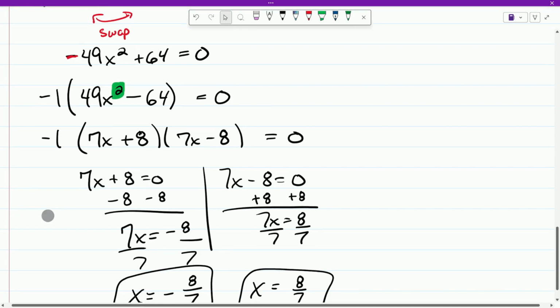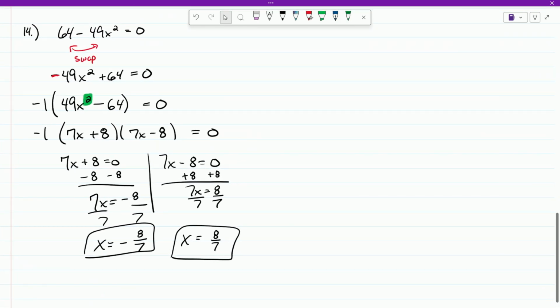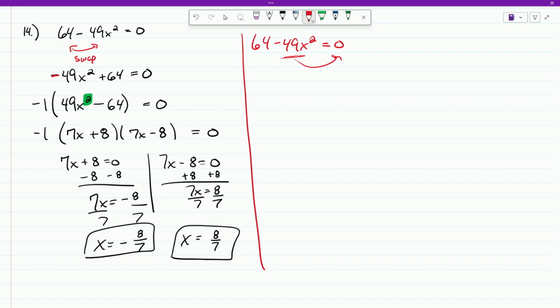Now, the other way you could have done this problem, I'm going to write it in red over here. From the very beginning of the problem, you could have said, well, I'm going to take this term and move it over here to the opposite side of the equation. By moving it to the opposite side of the equation, you are now making it positive. Then you could have said, well, now I'm going to move this over to the opposite side of the equation. And since 64 is positive on the left, it's going to be negative on the right.